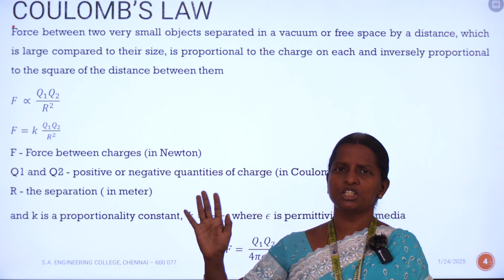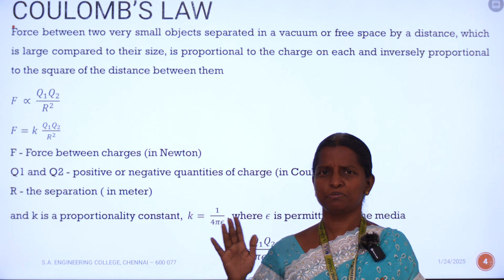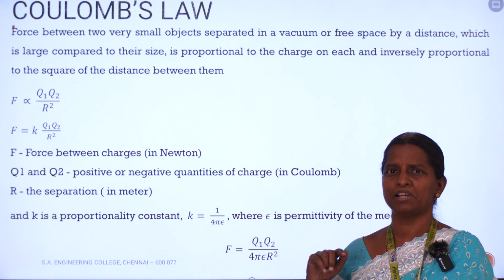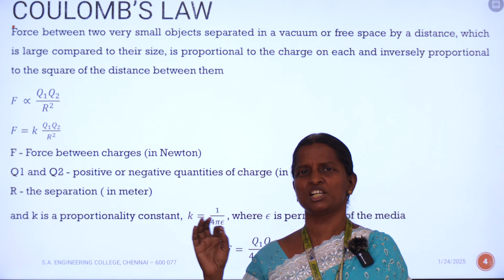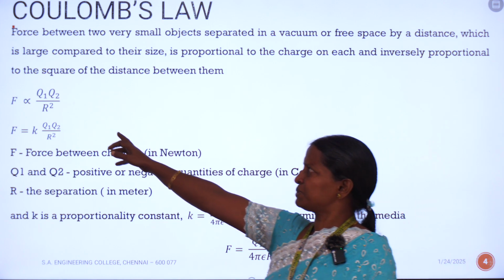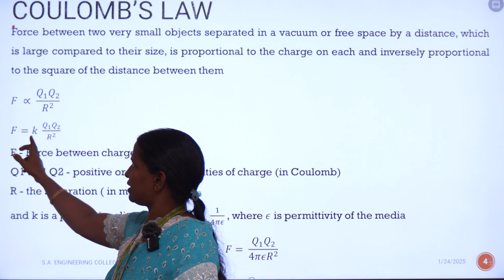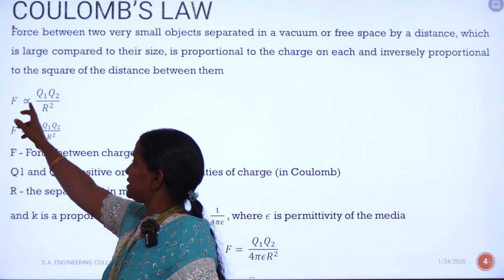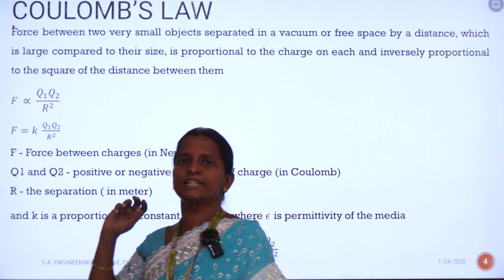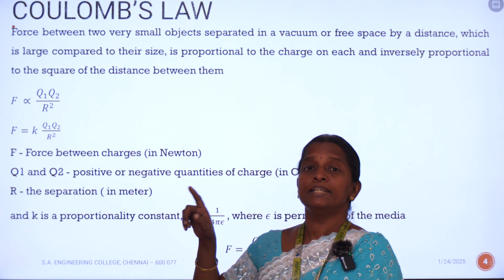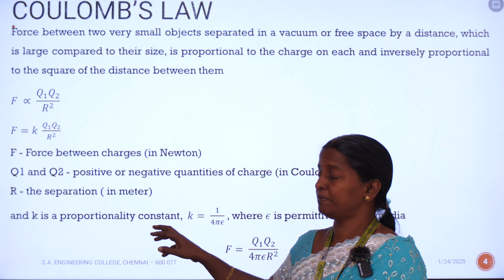If they give the charge values and the distance between them, we can find the F, provided we know the K value. K is called the proportionality constant. Initially F is proportional to Q1 Q2 divided by R square, so we removed the proportionality symbol by introducing the proportionality constant K. K is given by 1 divided by 4 pi epsilon.